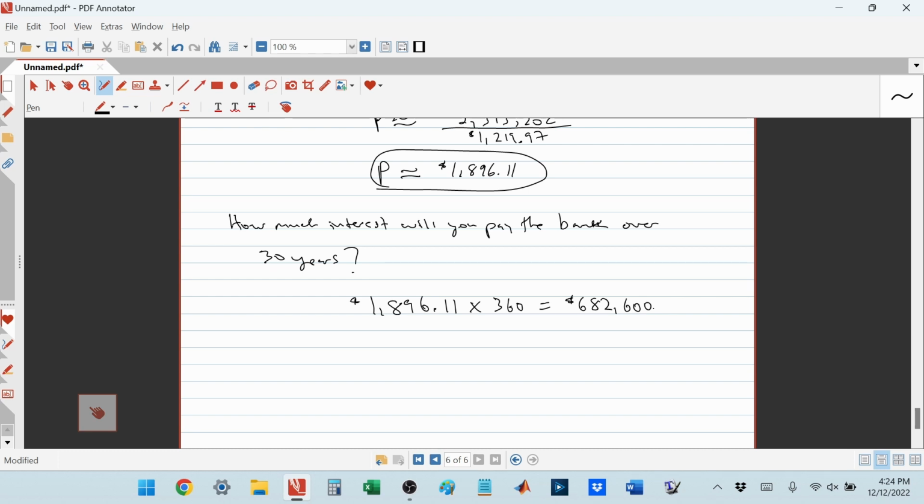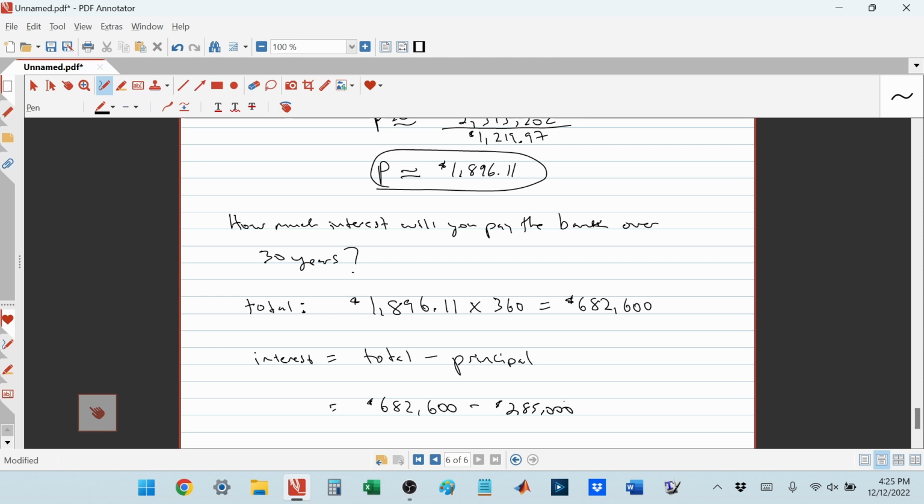And then of that, how much is interest? It's the total you give them minus the principal, minus the loan amount. You're paying off a $285,000 loan by giving them $682,600 over 30 years.